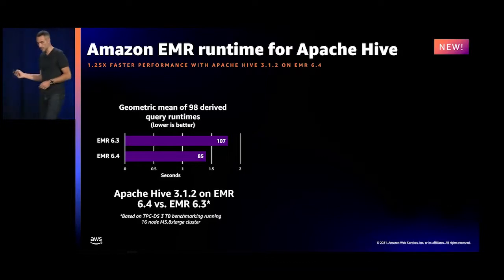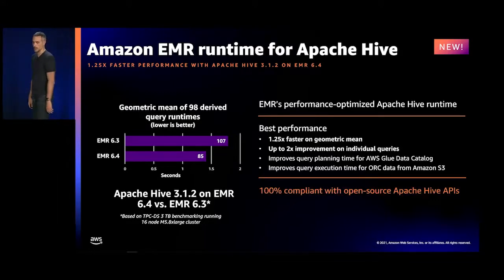And for Hive, you can also benefit from this continuous improvement, the process that we are adding new optimizations in each EMR version. This is a good example of the improvement you can have upgrading your EMR version: if we compare 6.4 with 6.3, you can achieve 1.25x faster performance on the geometric mean and up to 2 times improvement on some individual queries.